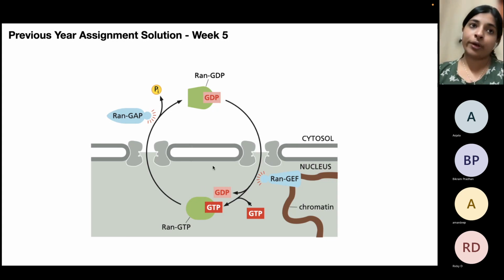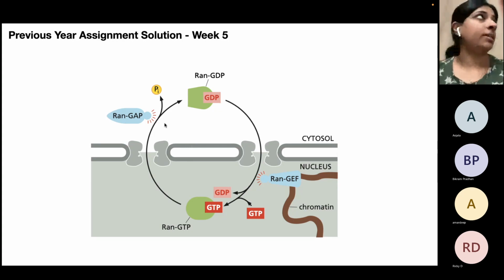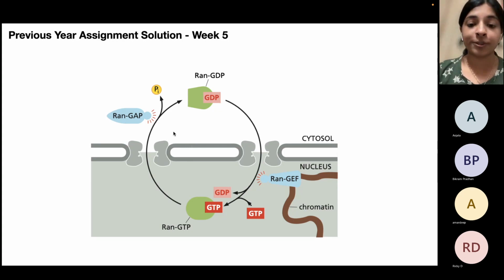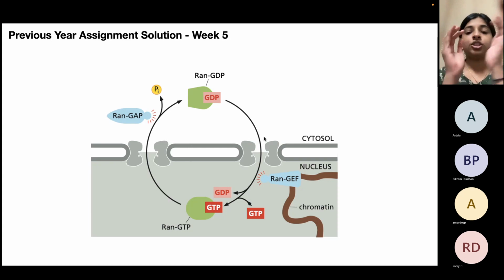All eukaryotic cells have a nucleus, and the nucleus is surrounded by a membrane known as the nuclear membrane. Now, there are pores in the nuclear membrane known as the nuclear pore complex, and they are essentially basket-like structures that form these pores on the double membrane of the nucleus, allowing transport from the cytosol to the nucleus and from the nucleus to the cytosol.